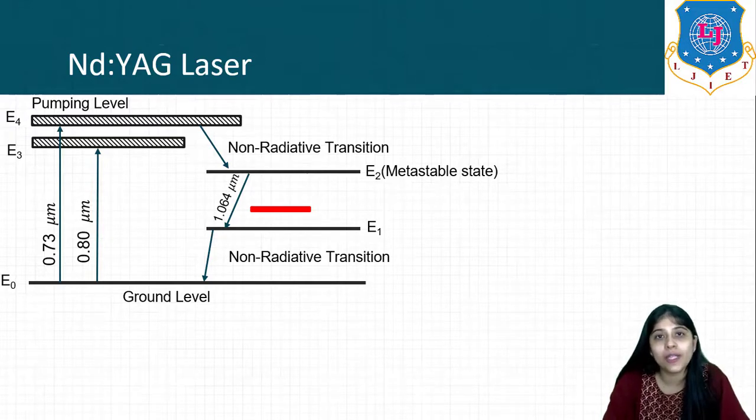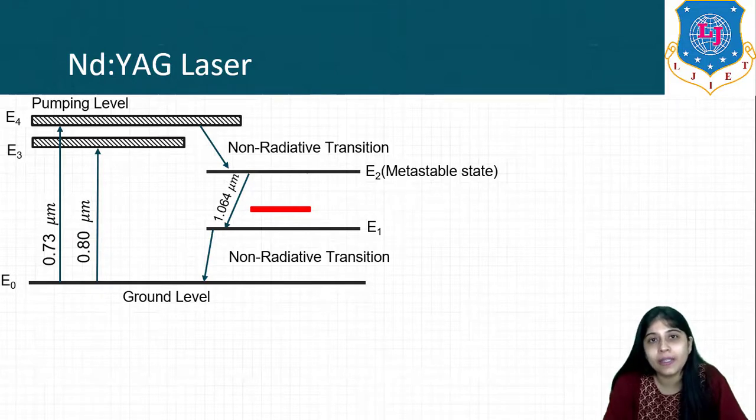Now, as we know, the lifetime of ions or atoms in the excited state is very low. So as soon as they get to the excited state, they will spontaneously migrate to the metastable state. Now in the metastable state, the lifetime of the atom increases.